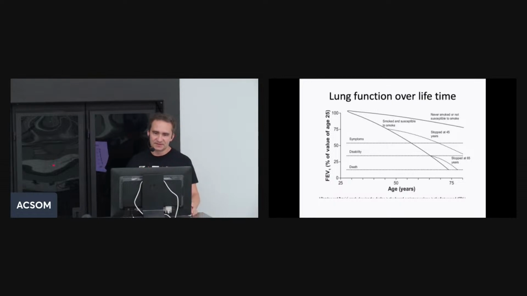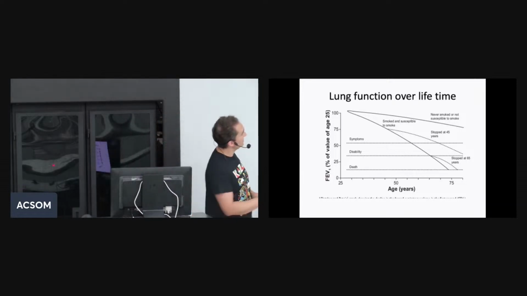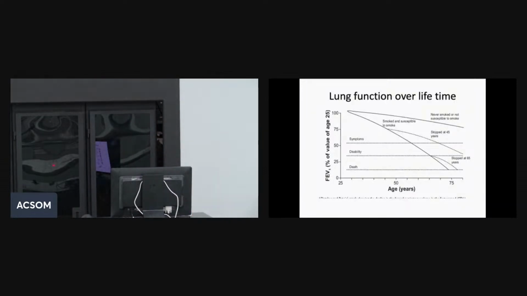This is the lung function over the lifetime, with lung function represented by FEV1. Normally, on the upper line, if a patient doesn't smoke and doesn't have any predisposition to COPD, they never really reach the degree of lung function drop that causes symptoms. You can see it never gets to the symptoms part.